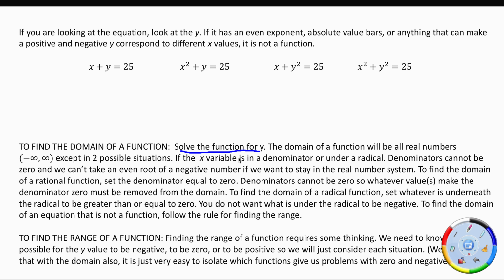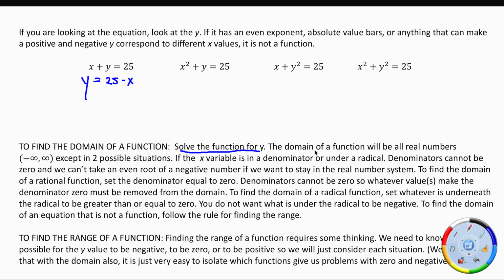Don't forget this step. It could cause you to make a mistake. So up here, since we know this one is a function, I'm going to solve it for y before I can even answer the question about finding the domain. Same thing here. If it's not a function, don't worry. We'll talk about those when we discuss range. It'll be a very similar concept. Okay, so first of all, solve it for y.